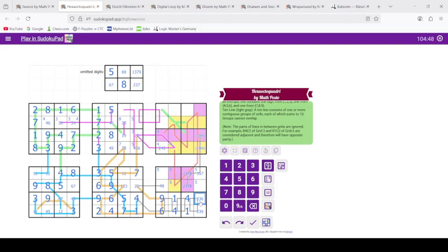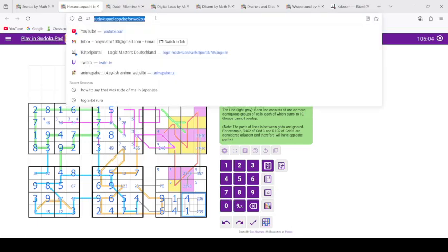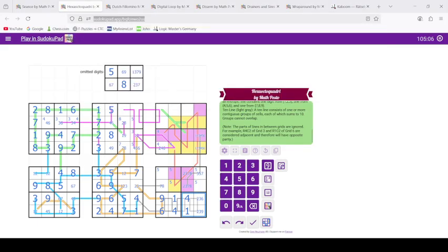Can this really be 1, 2, 3, 4? Sure. There you go.